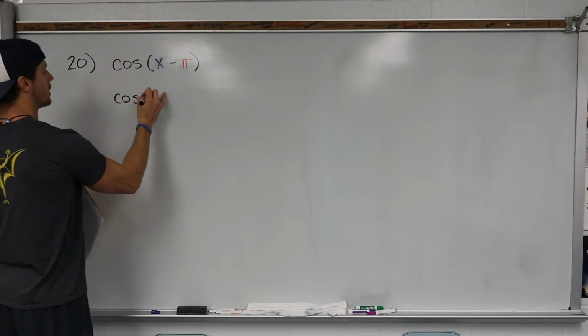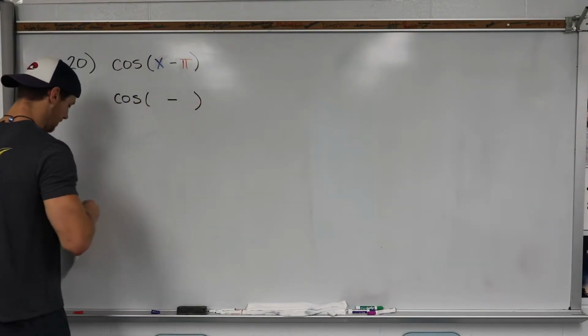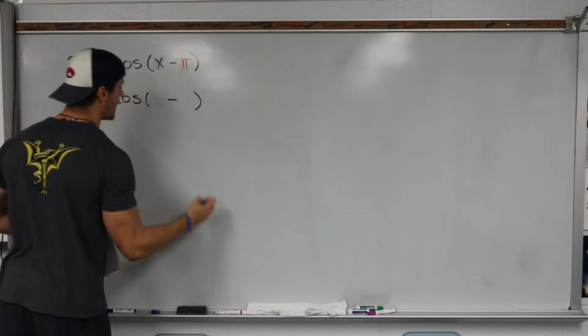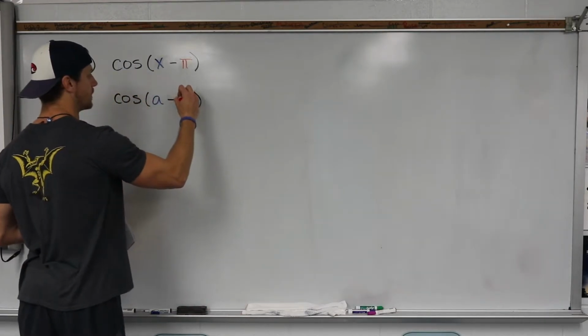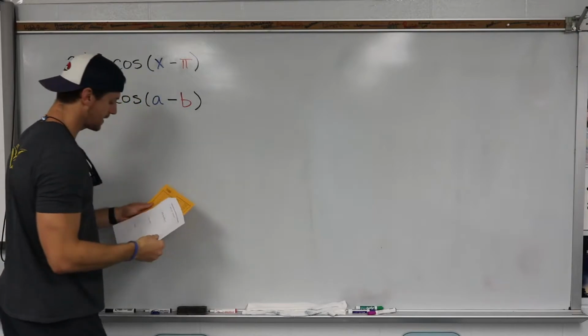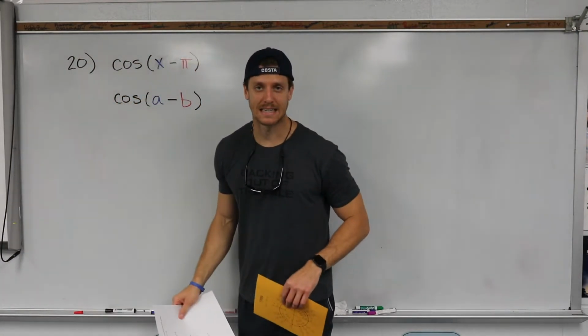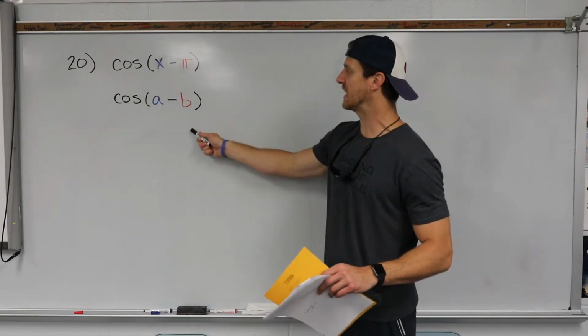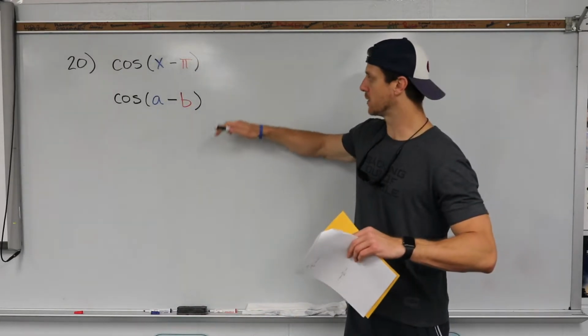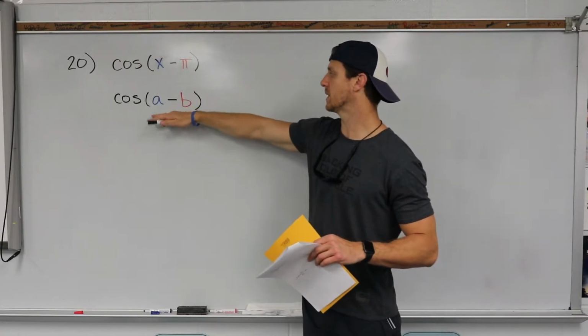Cosine of A minus B. This is identity number 14. Okay? So let's expand this guy out and we'll see how it's very similar to this guy, just got stuff in place of A and B.